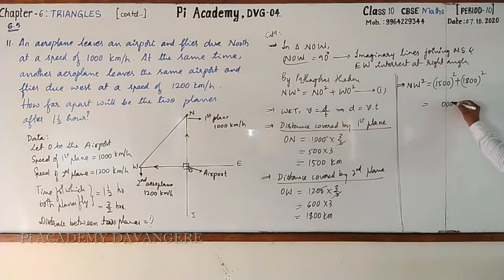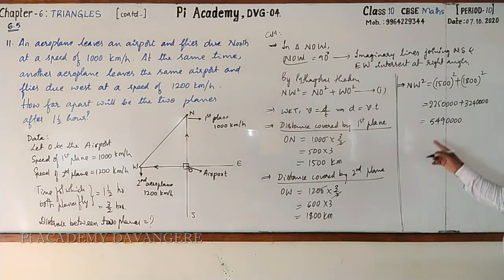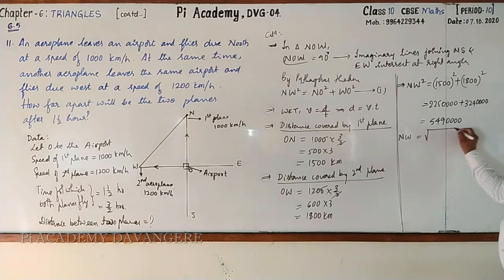Here 4 zeros, 15 square, this is 225, plus here also 4 zeros, 18 square, it is 324. Add them. 4 zeros, 4 plus 5, 9, 2 plus 2, 4, 3 plus 2, 5. 549.